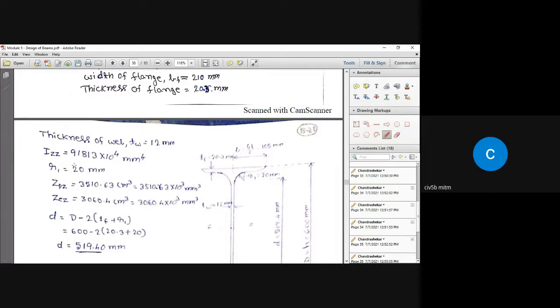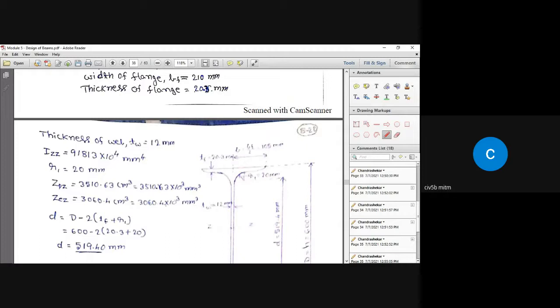Okay, R1 is 20 mm. Again, you are going to get ZPZ and ZEZ. For that section, ZPZ is 3510.63 centimeter cube. Next, what is ZEZ? That is the elastic section modulus, or simply section modulus.